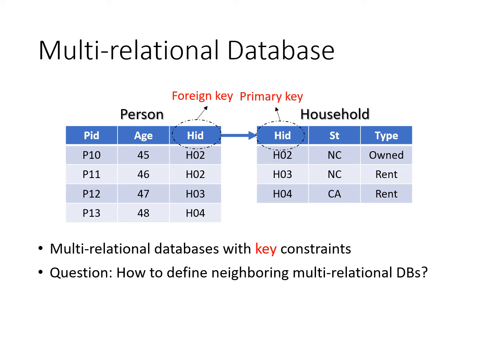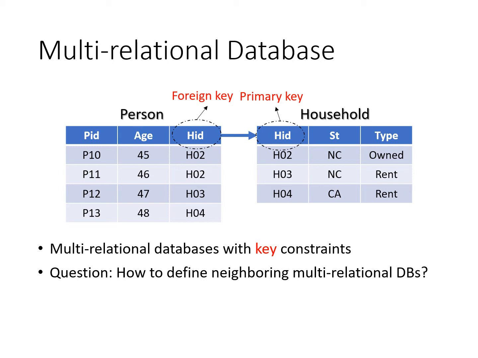The primary key for a relation table is defined as an attribute or a set of attributes that can uniquely identify its rows. The foreign key is used to link 2 relations, and it also acts as a primary key for one relation.